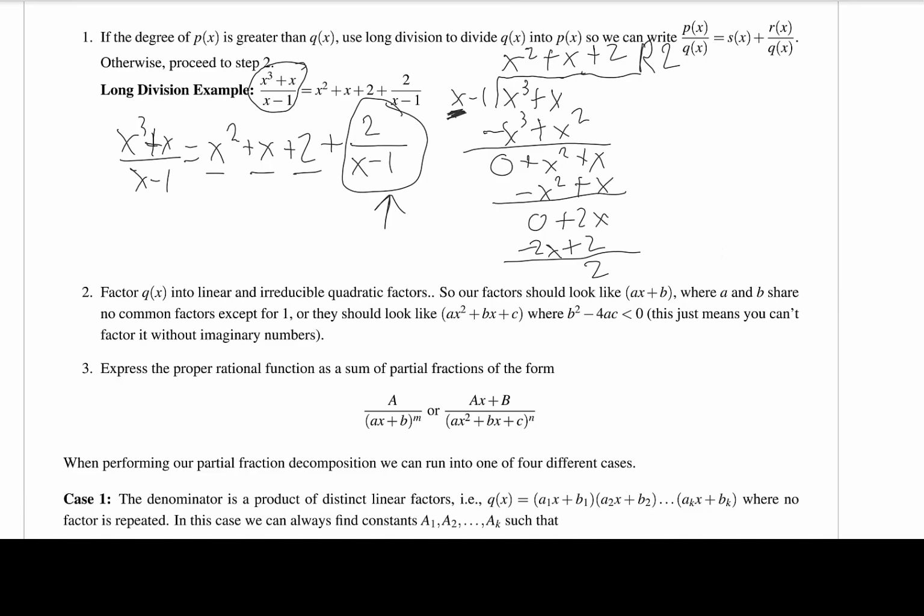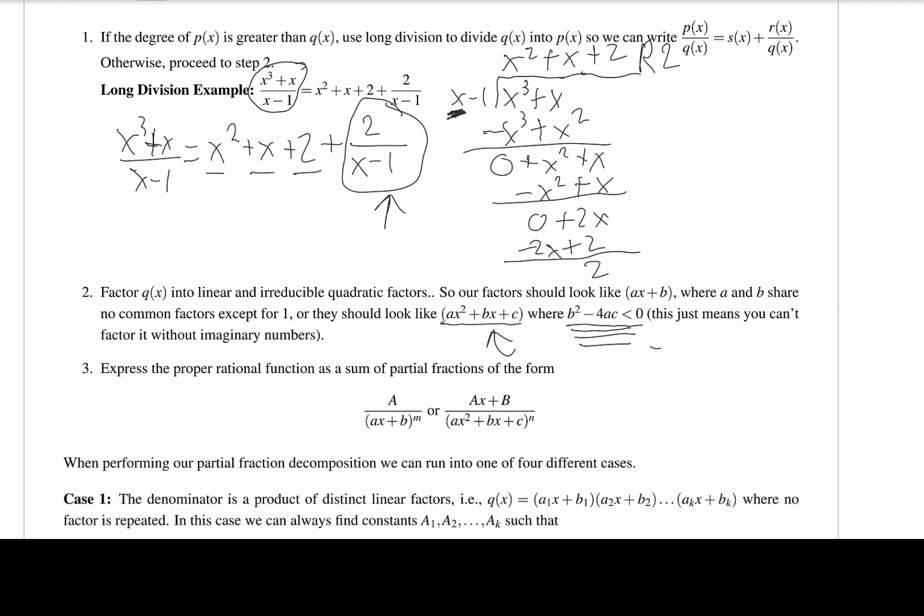Okay. And then what I mean by irreducible quadratic factors is that we have something that looks like ax squared plus bx plus c, where b squared minus 4ac is less than 0. What this means is that if you try to use the quadratic formula on it, you're not going to be able to get real numbers, because this being true means that your square root will be negative.